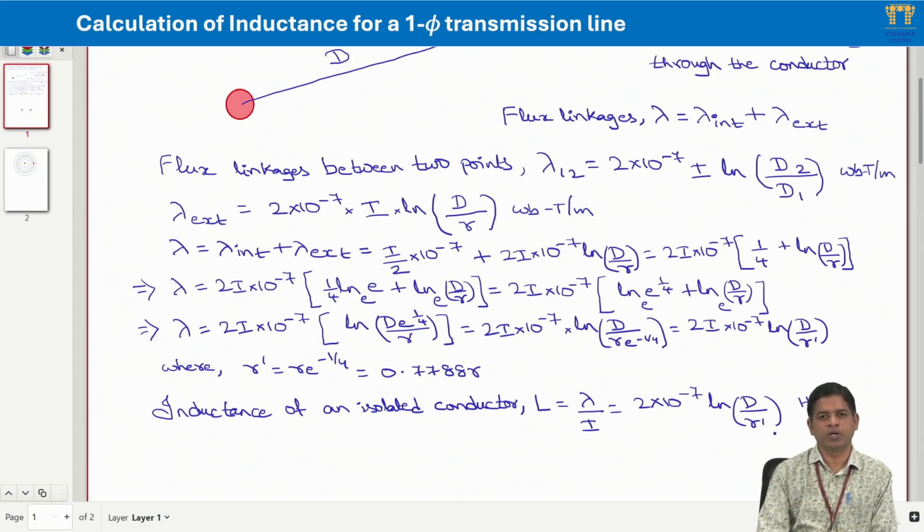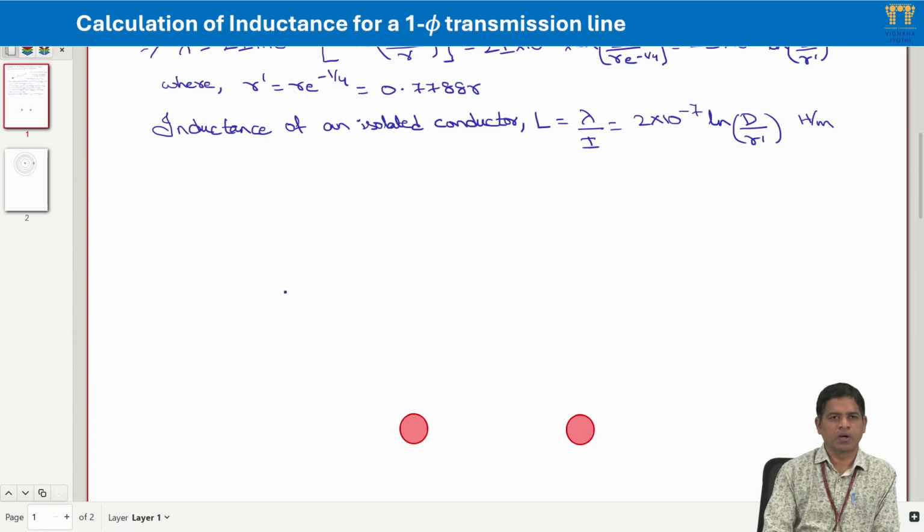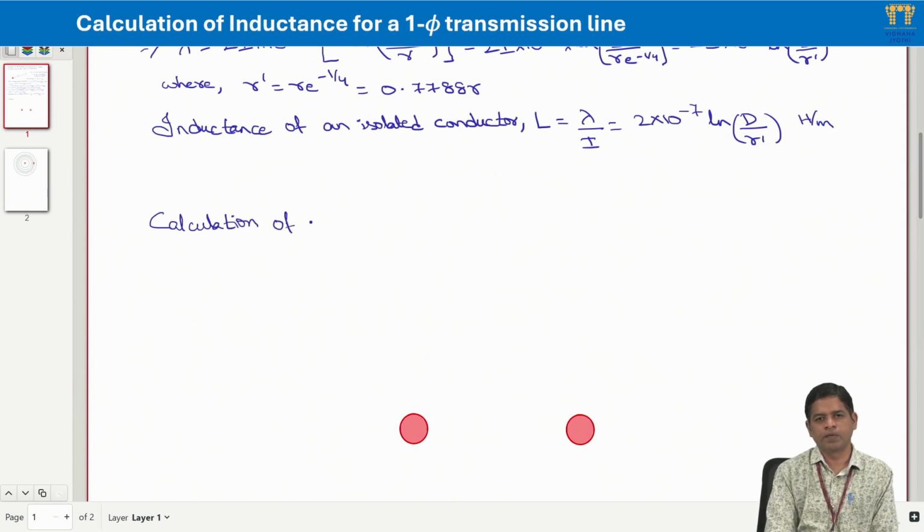Now let us move on to the exact topic of today, which is calculation of inductance for a single phase transmission line. So for that, let us consider two conductors, something like this. So the next topic would be calculation of inductance for a single phase transmission line.